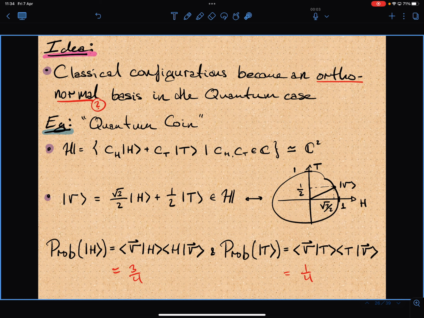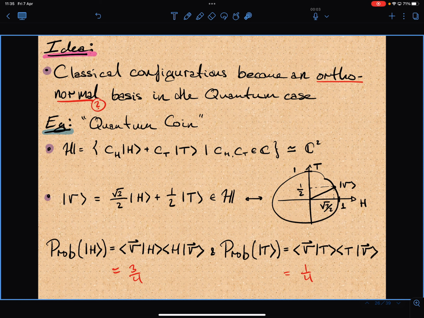And that's when it gets messy to work with. Then you actually have to work to find the appropriate Hilbert space. This recipe of just taking the classical configurations and turning them into a Hilbert space breaks down in the infinite case.